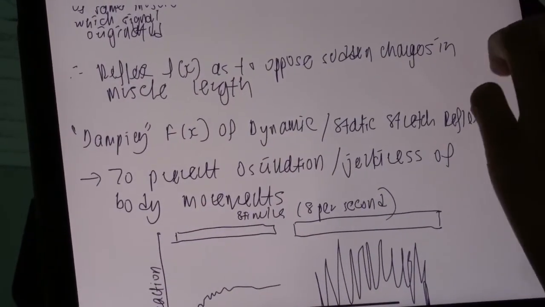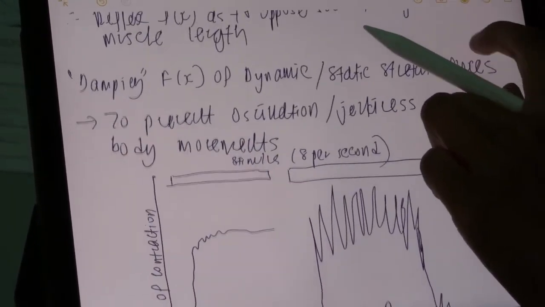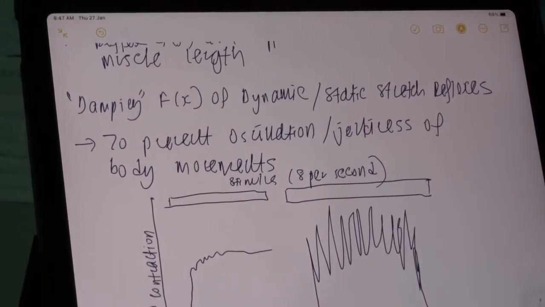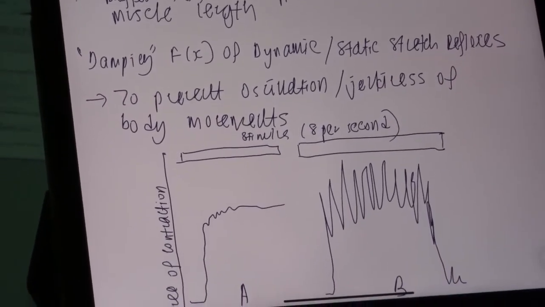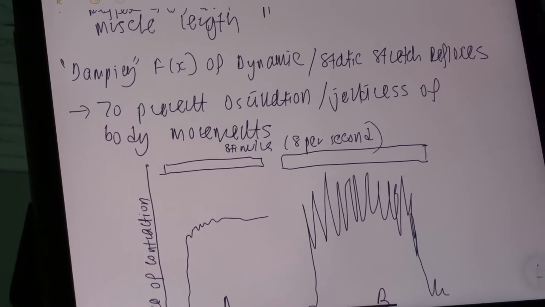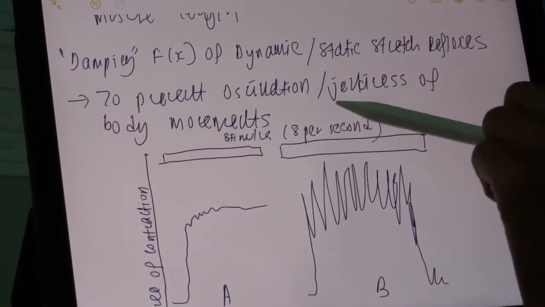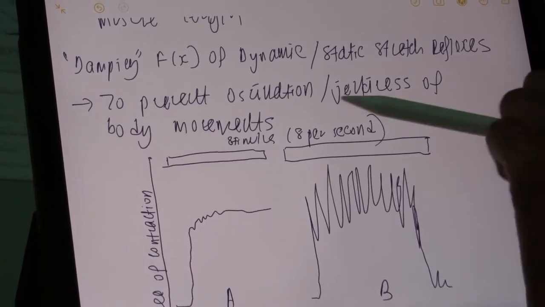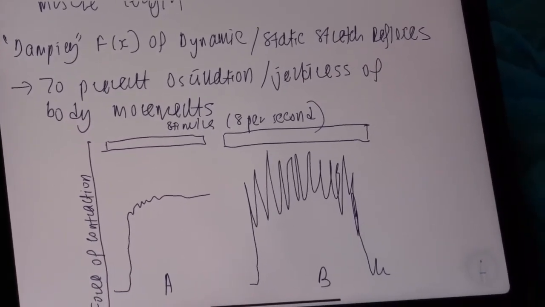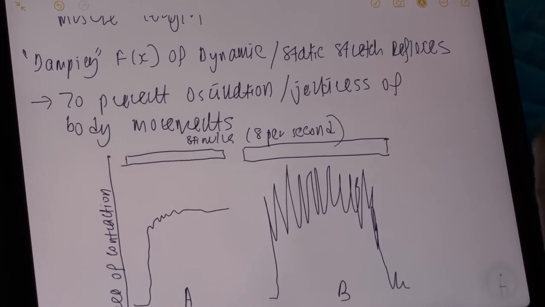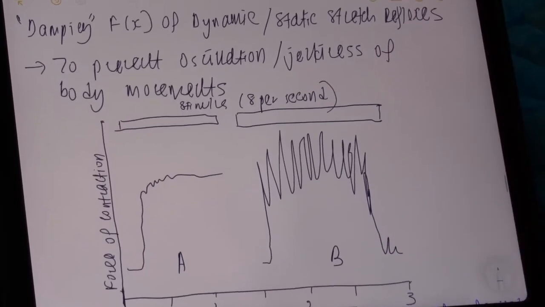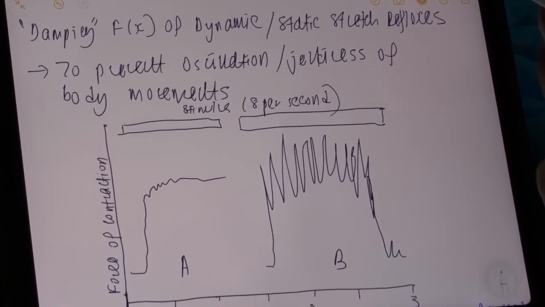Then this is about the damping function of the dynamic and static stretch reflex. This is a graph. The main function is to prevent oscillation and jerkiness of body movement, basically to see whether the muscle contraction is smooth or not smooth.